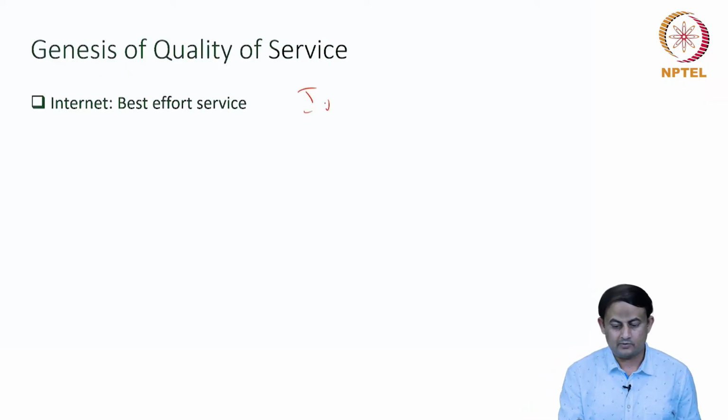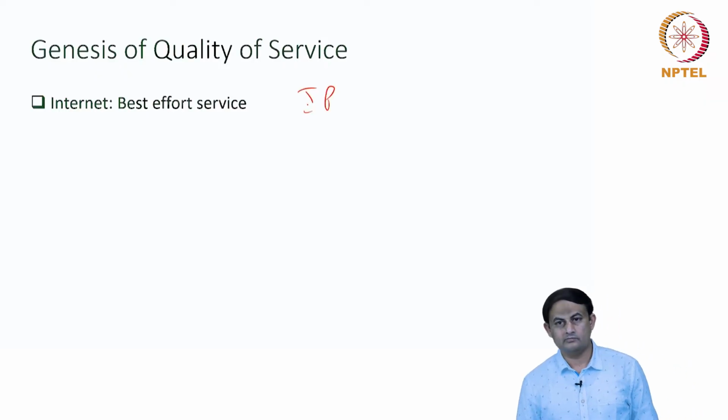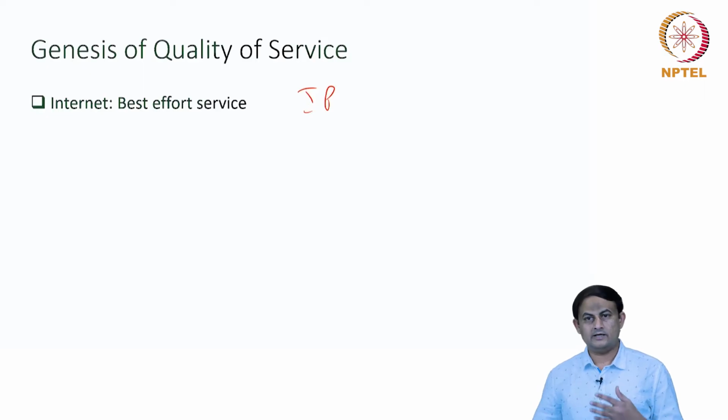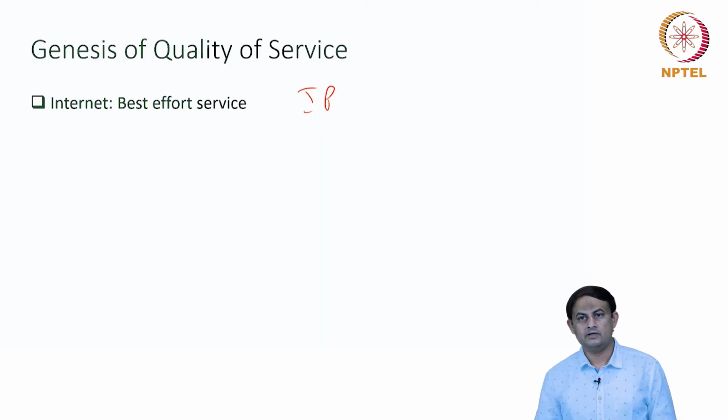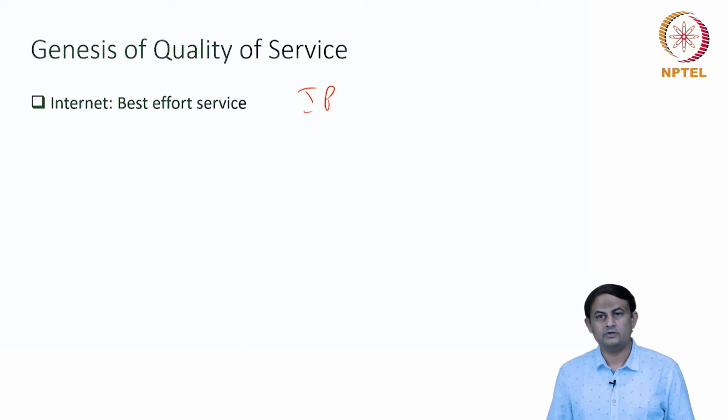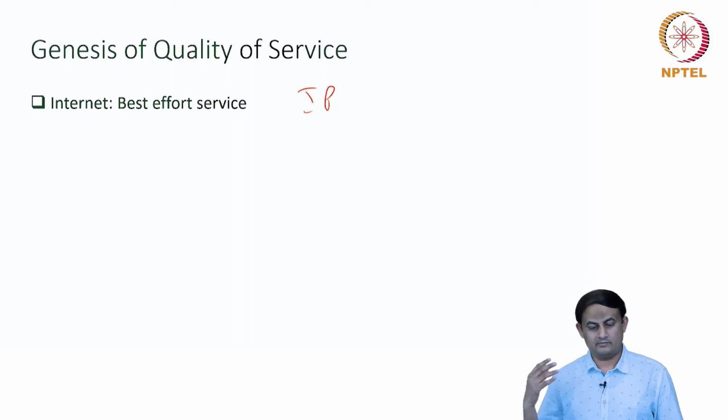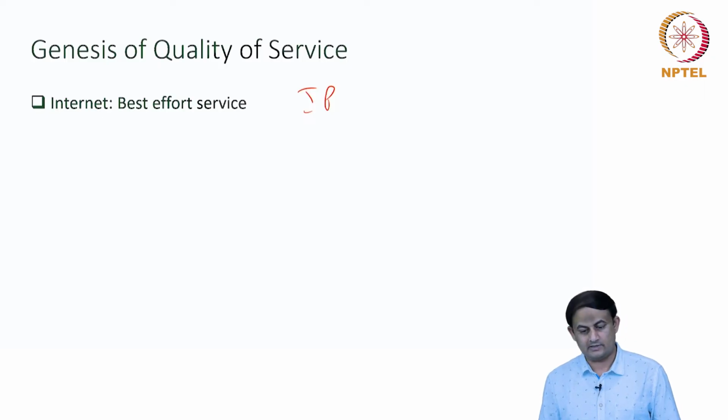The IP protocol basically tries to deliver the packet to the correct destination. It delivers the packets most of the time, but occasionally it may not. The packets might be lost, they might be corrupted, and all these things can happen.